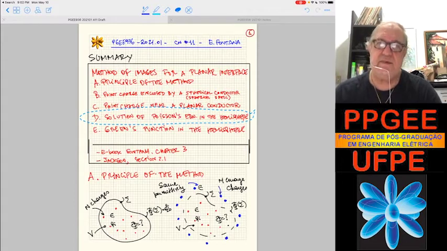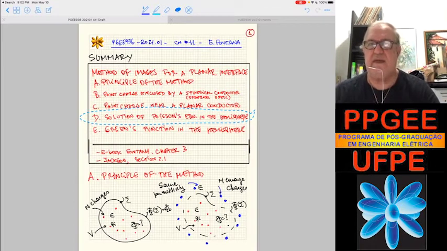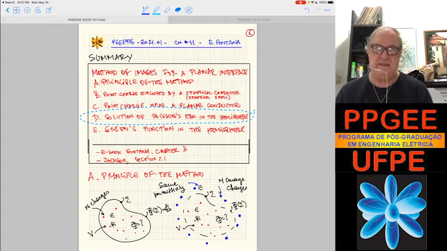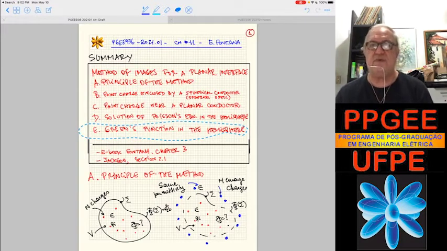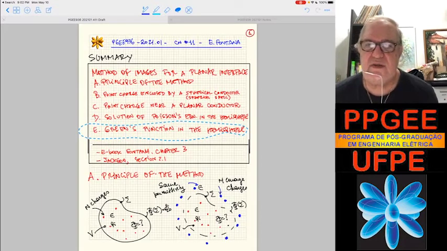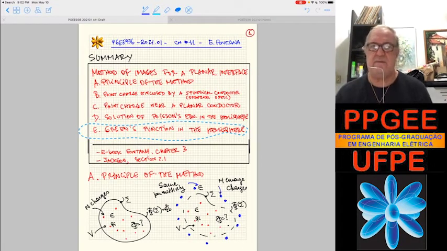We're going to extend the procedure to include an arbitrary distribution of charge nearby the planar surface. Then at the end of the lecture, we are going to talk about how to construct the Green's function in the hemisphere.